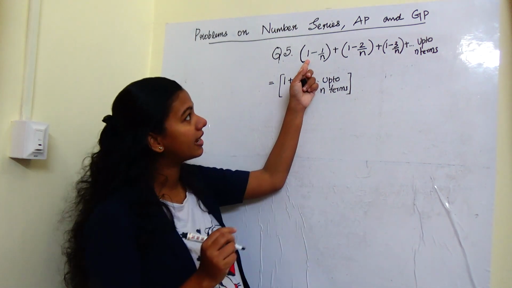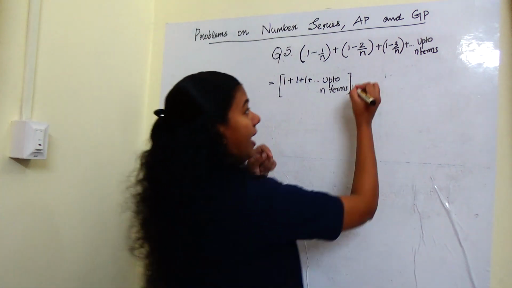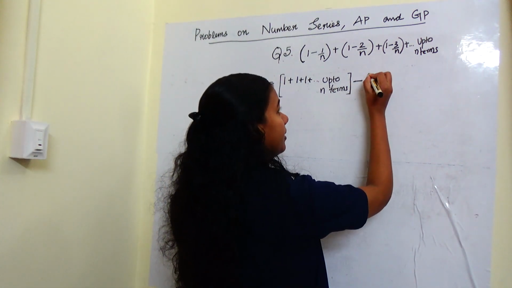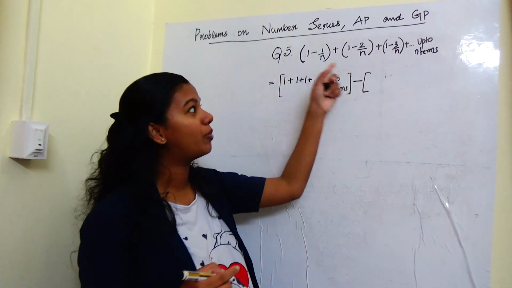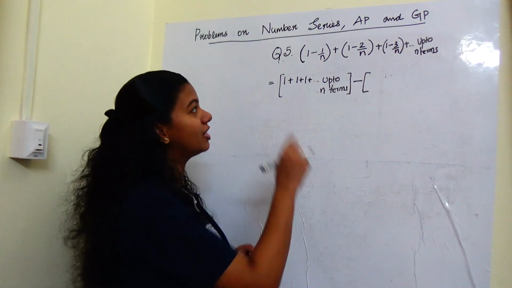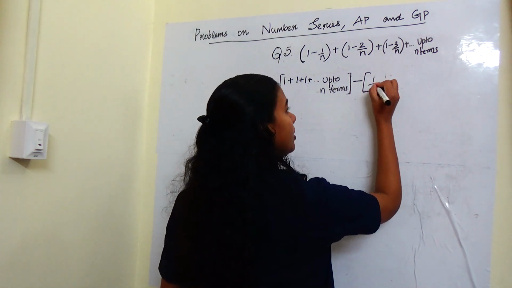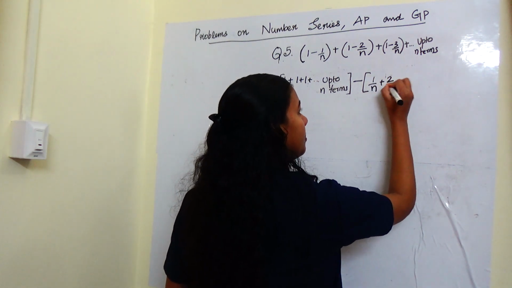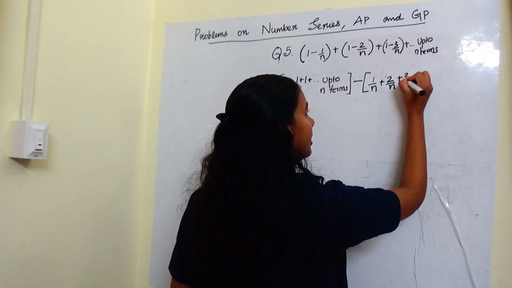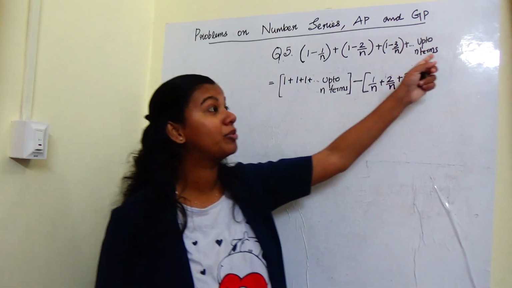Then the second terms are all minus. So I take the minus outside and group all these together. All these will be the sum. That is 1 by n plus 2 by n plus 3 by n plus etc. and it will be up to n terms.